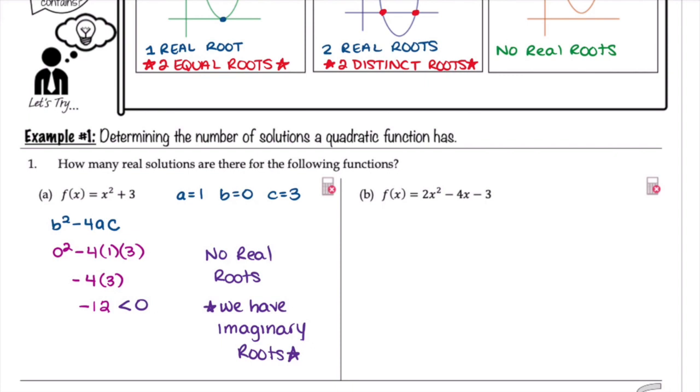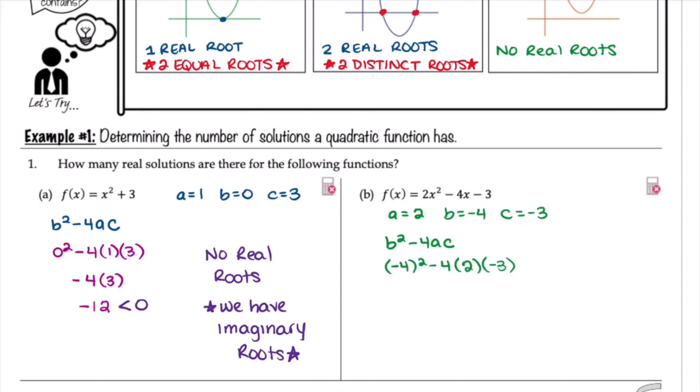Part B, we have the function f of x equals 2x squared minus 4x minus 3. We're going to do the same thing. We're going to identify our a, b, and c values. Once I identify my values, I'm going to start off by writing my discriminant. I'm going to plug in the b, the a, and the c value within my formula.